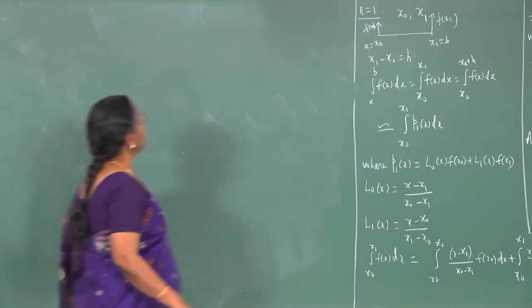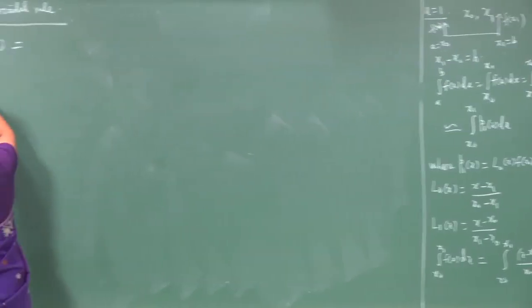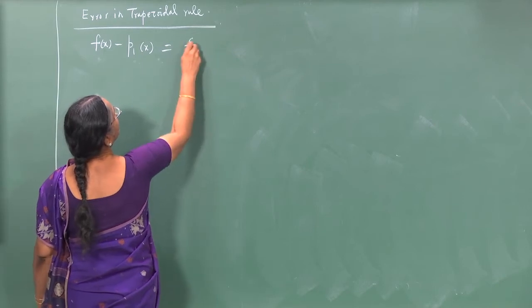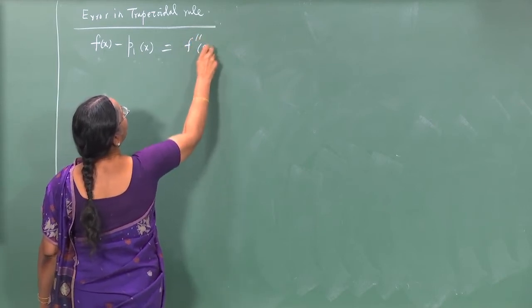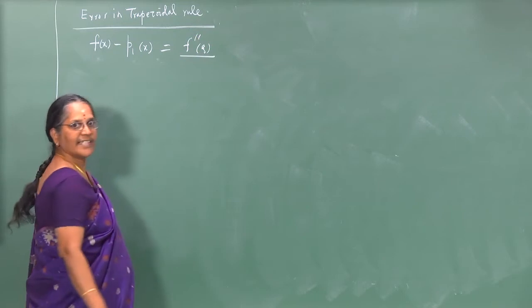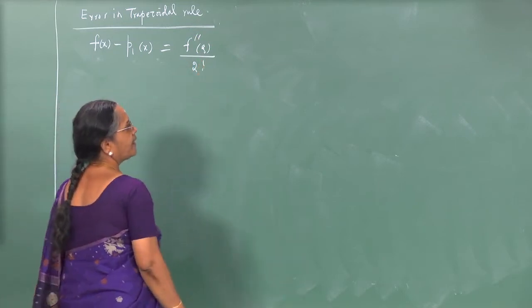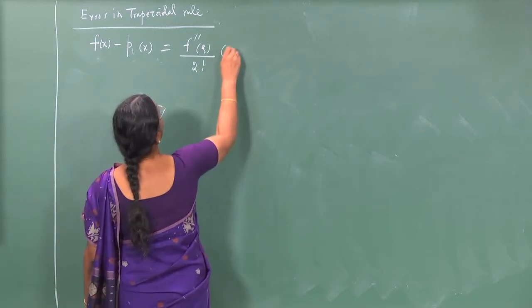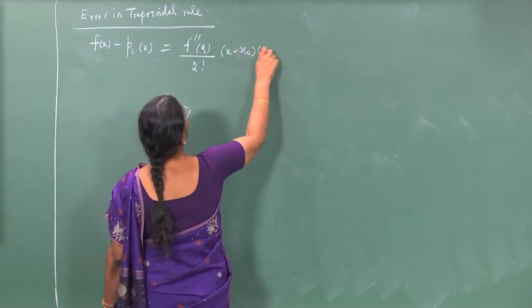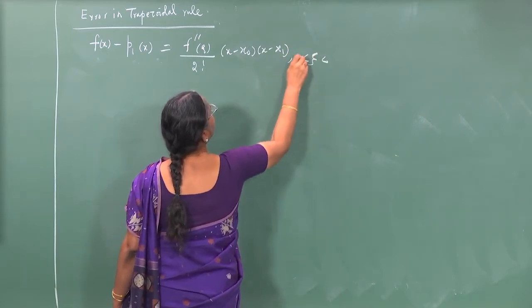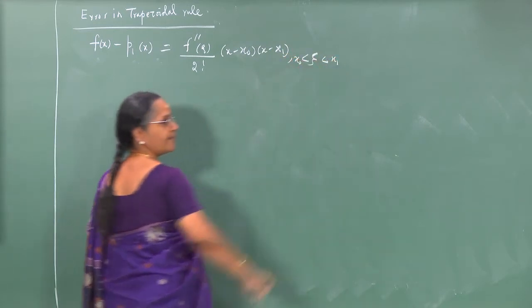So, what is the error in the interpolation? It is f of x minus p1 of x, and that is equal to the second derivative evaluated at psi divided by 2 factorial multiplied by x minus x0 into x minus x1 for psi lying between x0 and x1.